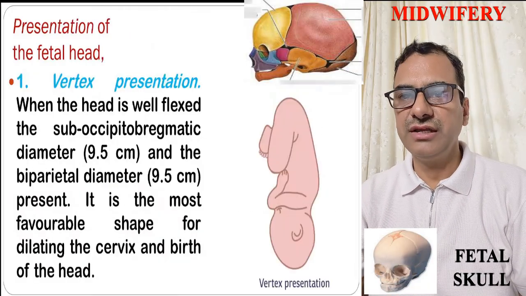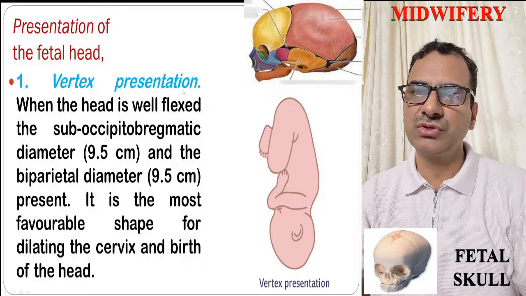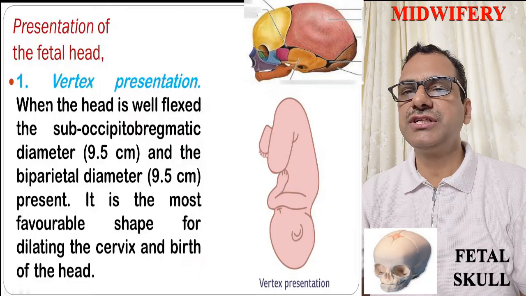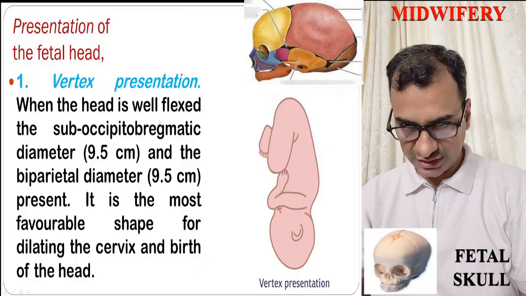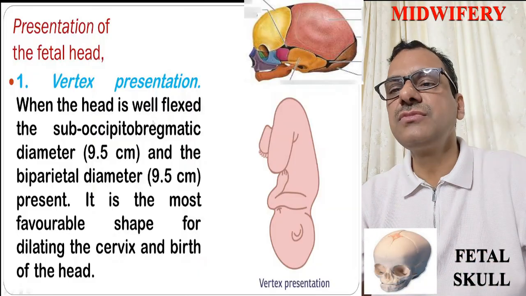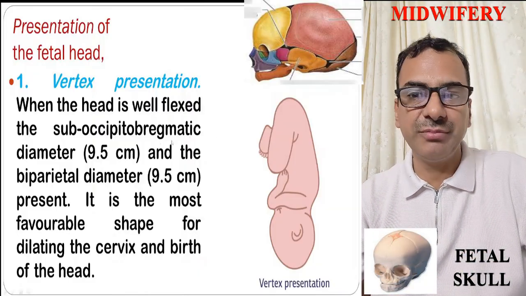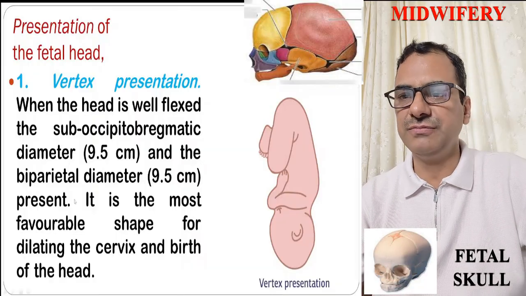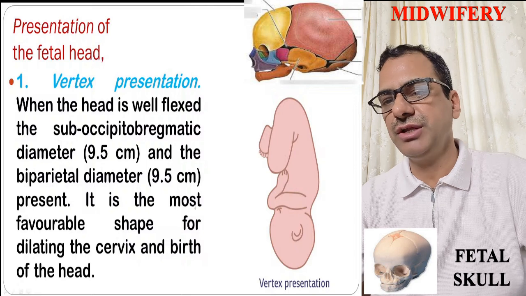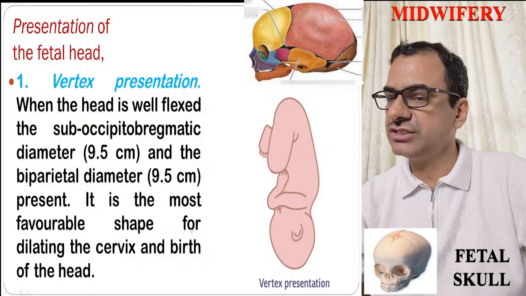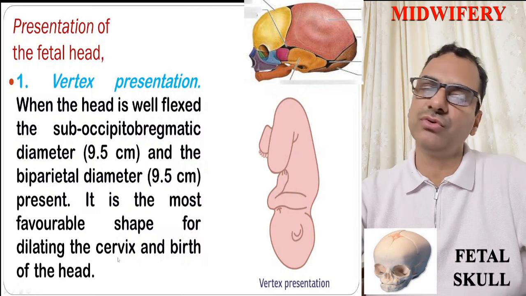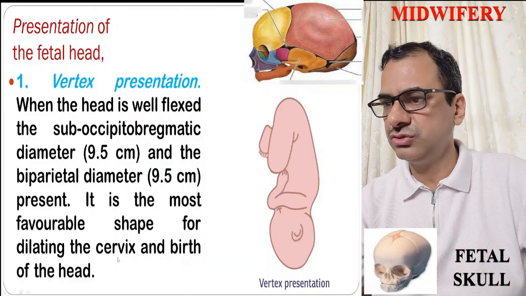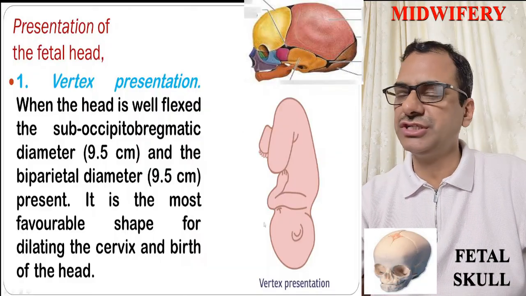For example, in vertex presentation, when the head is well flexed like this, then the suboccipitobregmatic diameter and bitemporal diameter will present. It is the most favorable shape for a dilated cervix and for birth of the head. So this is vertex presentation.